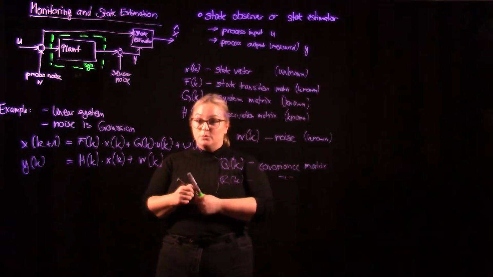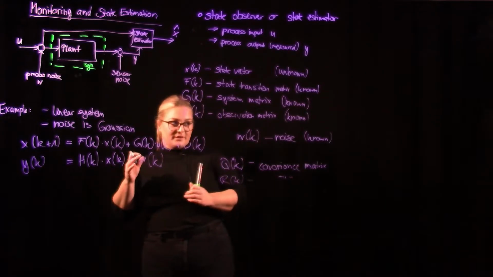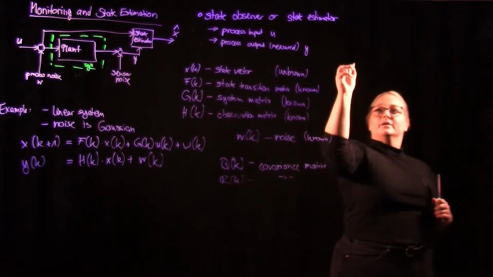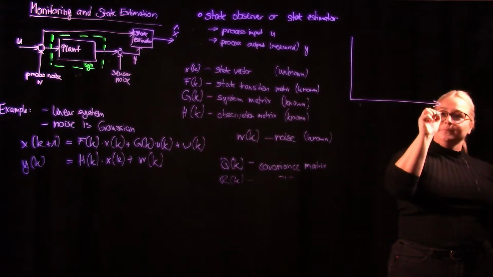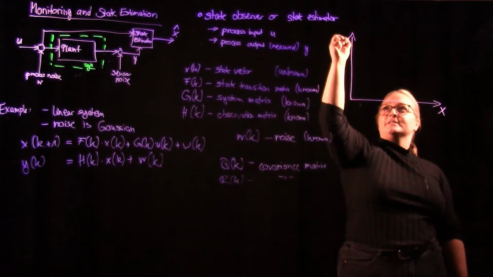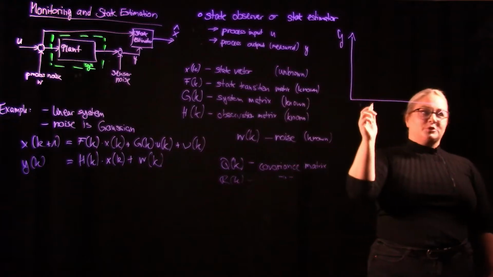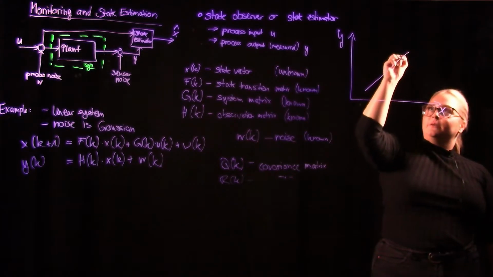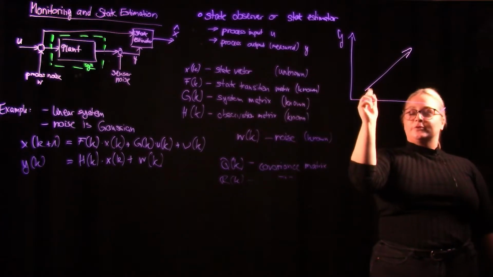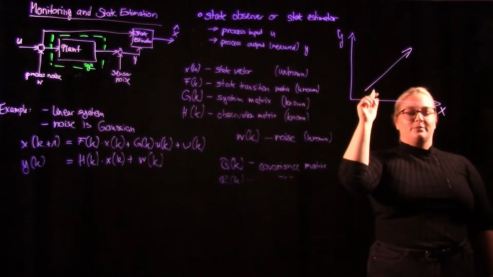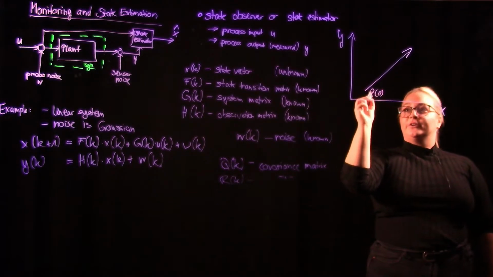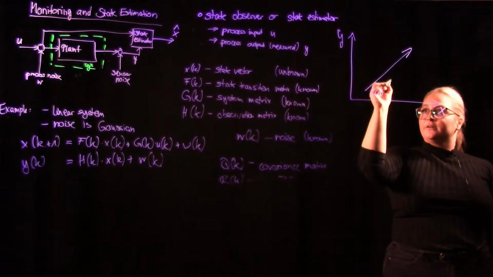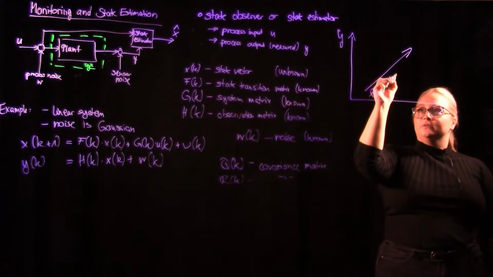In the end, what we try to do with our estimator is use our states and our measurements for each individual time point to calculate our current corrected state.